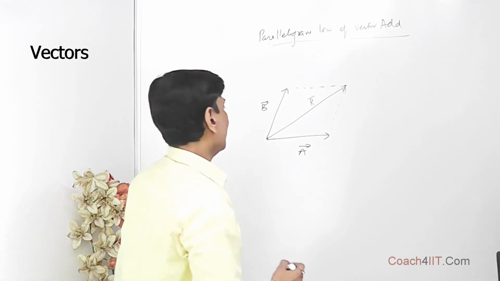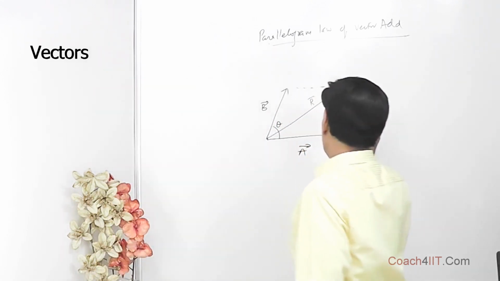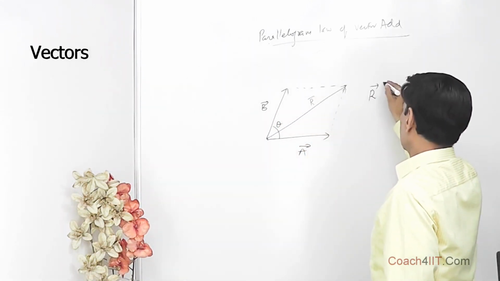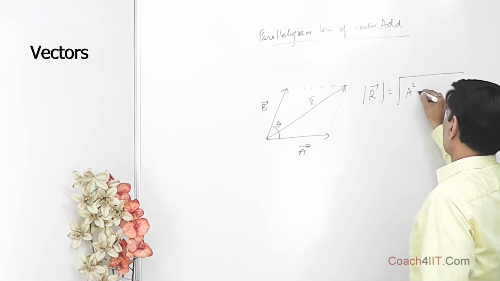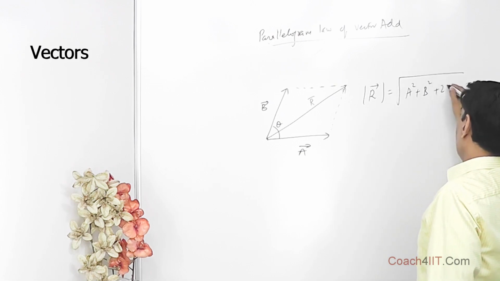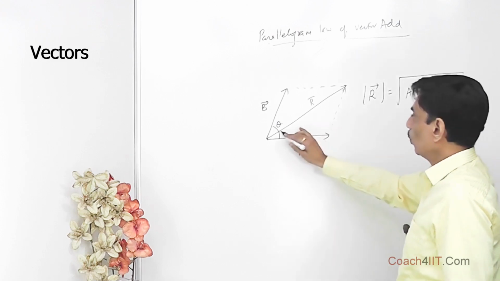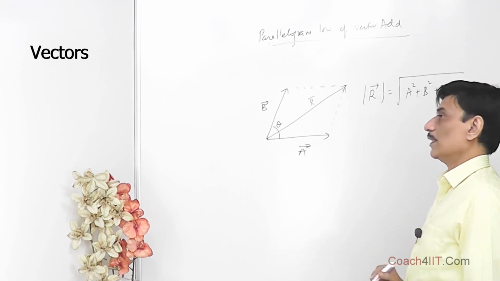In this case, if the angle between the two vectors is theta, then our resultant magnitude is going to be the square root of magnitude of A squared plus magnitude of B squared plus 2AB cos theta. That is the length of this diagonal, or the magnitude of this resultant.